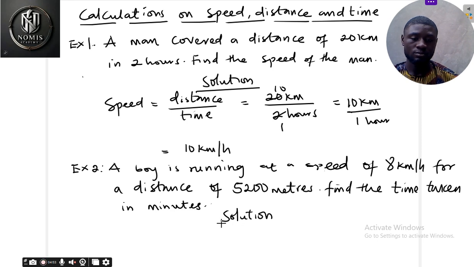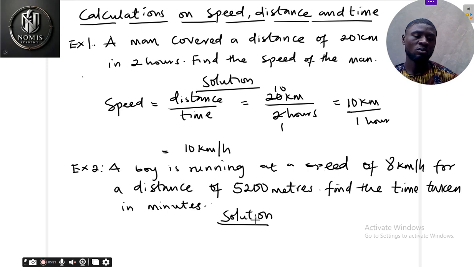One thing that will be surprising to you is, how can the speed be in kilometers per hour, the distance is in meters, and I'm asked to find the time taken in minutes? Remember that whatever unit given to you is convertible, meaning that you can convert from one unit to the other.